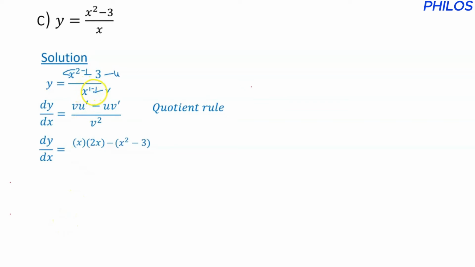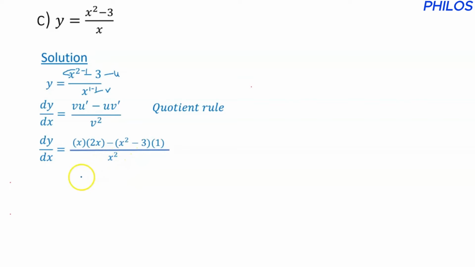And x exponent 0 will give you 1. Any variable or any number exponent 0 should give you 1. So when you differentiate v, which is x, with respect to x, you get 1 as the answer. Then divided by v squared. We know our v to be x, isn't it? So we write x and then square it.